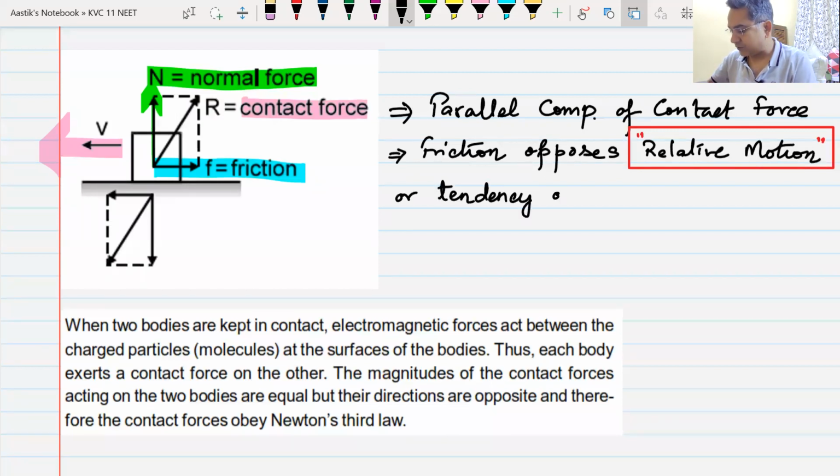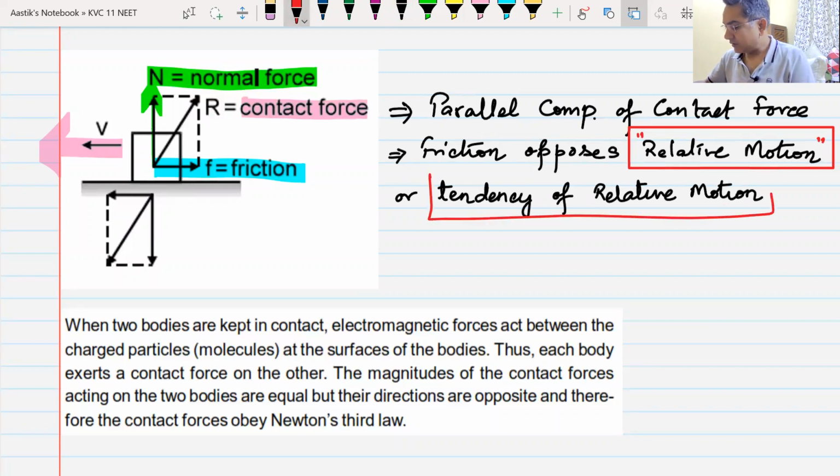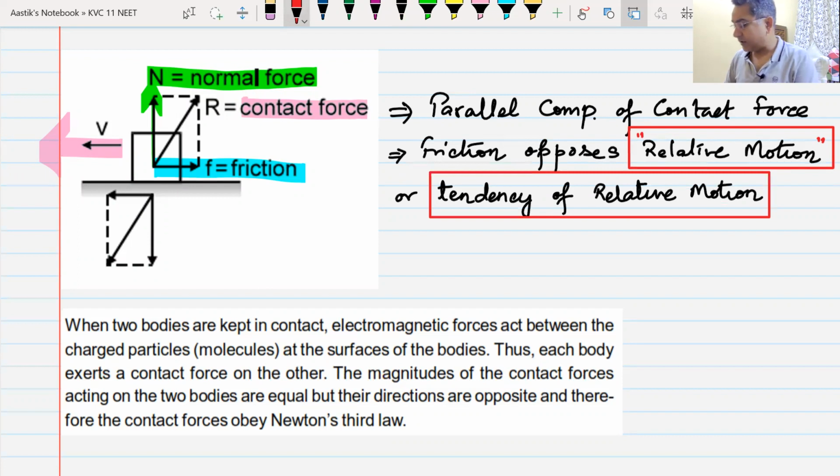So friction opposes relative motion or the tendency of relative motion. That is what friction does.